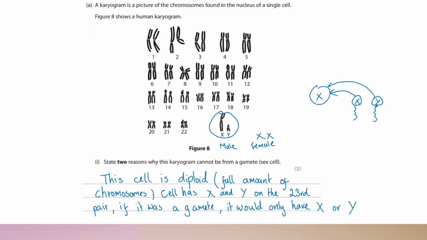If this one fertilised the egg, we get XY, male. So in humans, it's a male sperm that determines whether the baby is going to be a male or female. Some animals the other way around, it's the egg that's different, but in humans, it's the male sperm that decides it.